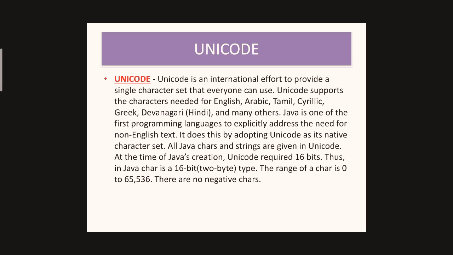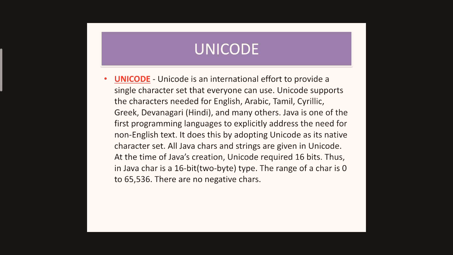Unicode supports the characters needed for English, Arabic, Tamil, Cyrillic, Greek, Devanagari and many others. Java is one of the first programming languages to explicitly address the need for non-English text. It does this by adopting Unicode as its native character set. All Java chars and strings are given in Unicode.